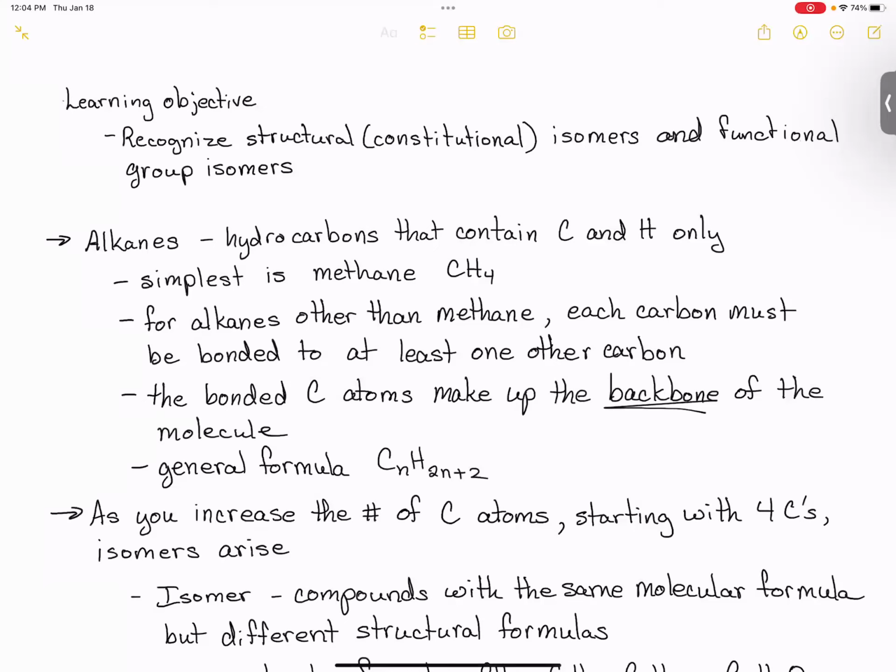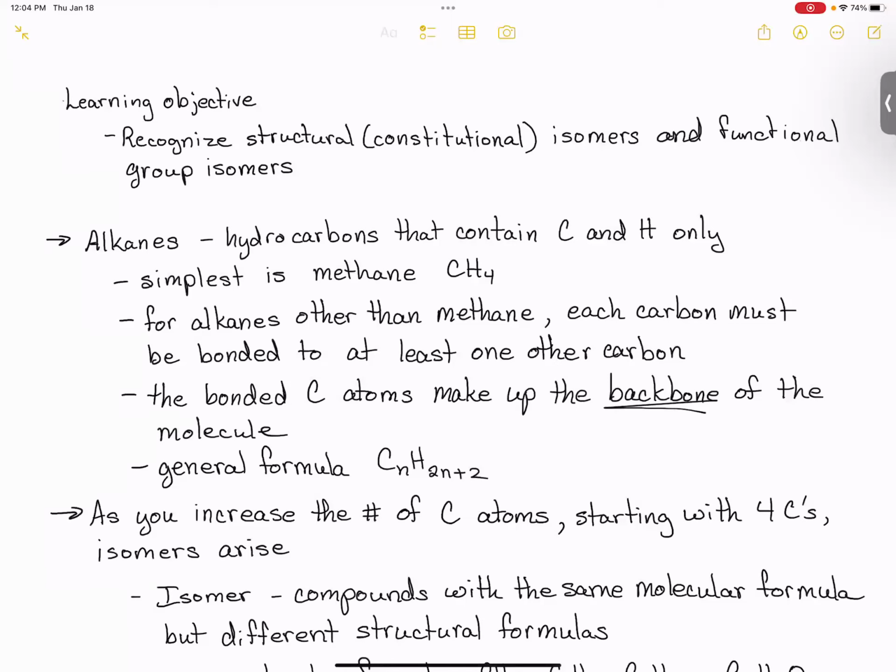For alkanes other than methane, each carbon must be bonded to at least one other carbon. That is the carbon-carbon backbone that we were developing. The bonding carbons make up the backbone of the molecule, and an alkane has a general formula of CnH2n+2.